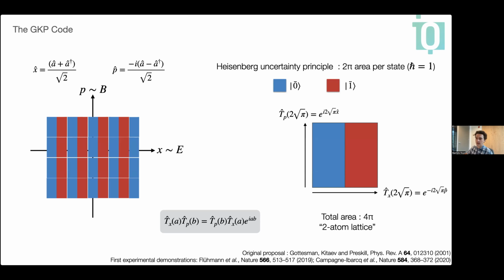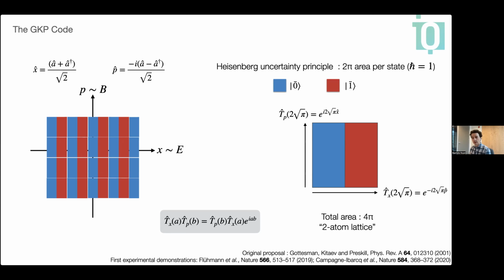Well, the best way is as a lattice, which is just a system that is invariant by translation. Here, translation by something that has an area of 4π, to place twice this area. And so the best way to describe the state is a state that is invariant by shifts of 2 square root of π in both position and momentum.